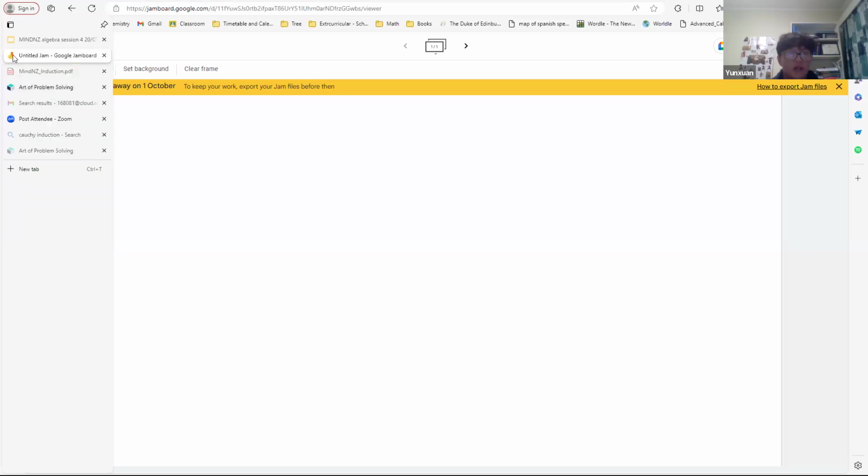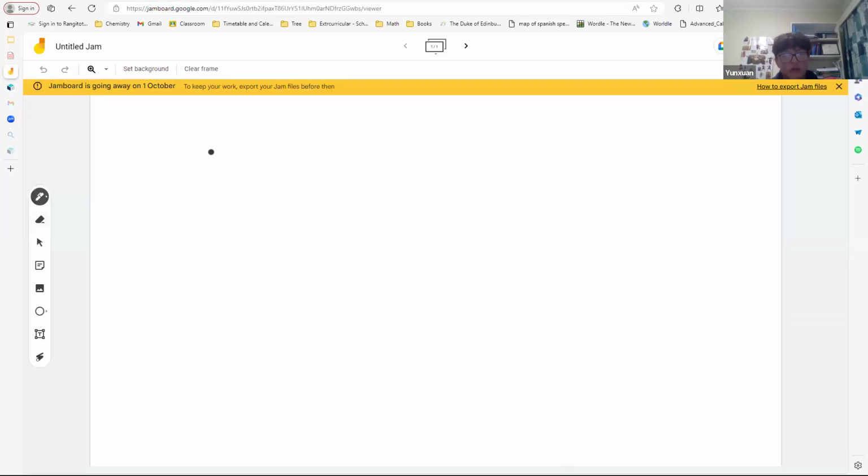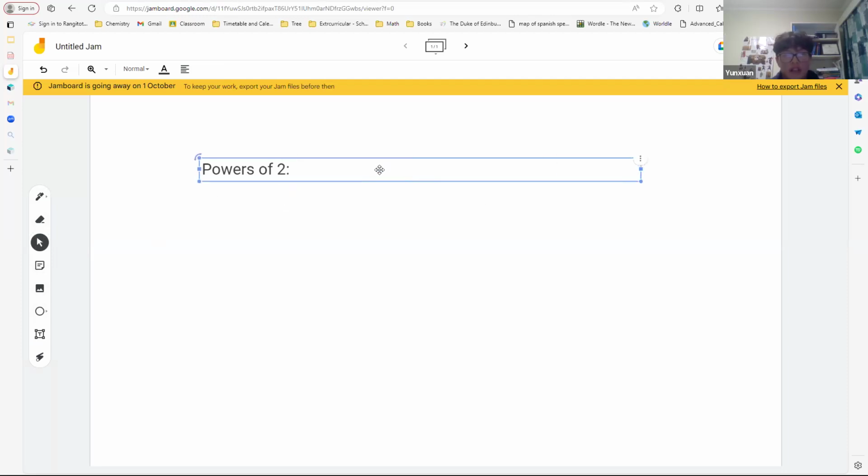But now I'll go through why the backward step works. Because by powers of 2, why would this be important in an induction? Because powers of 2 can get arbitrarily large.